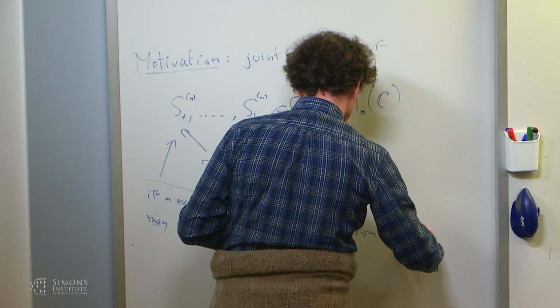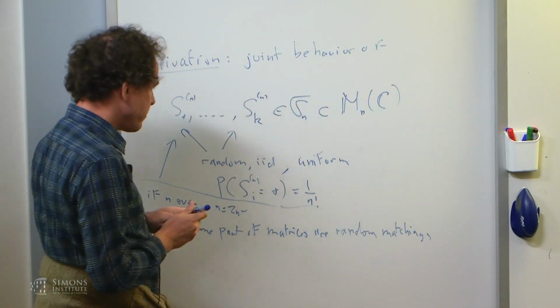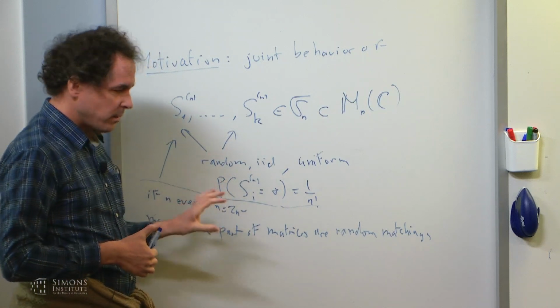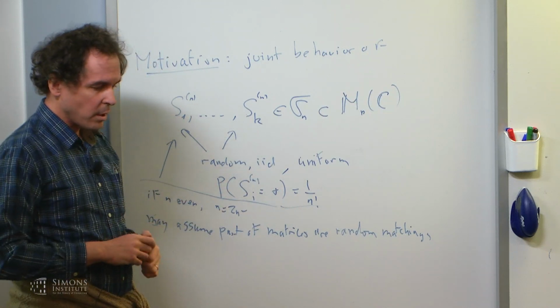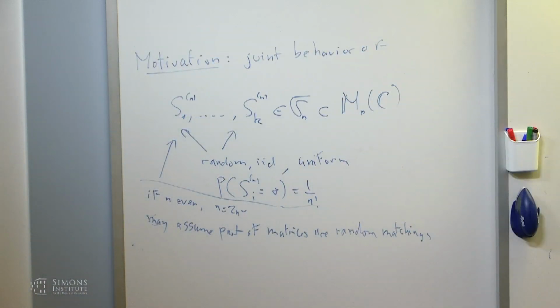So actually, just to keep it simple, I will take random permutations, but we can make some modifications on the model, and it will not affect the results which I want to present today.